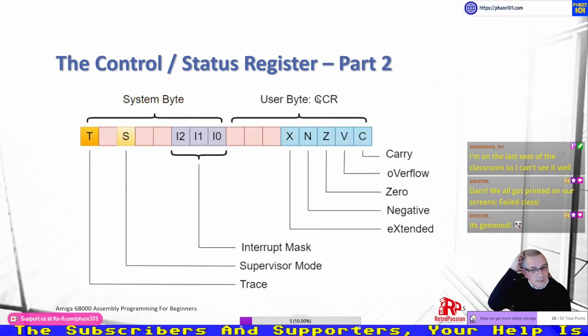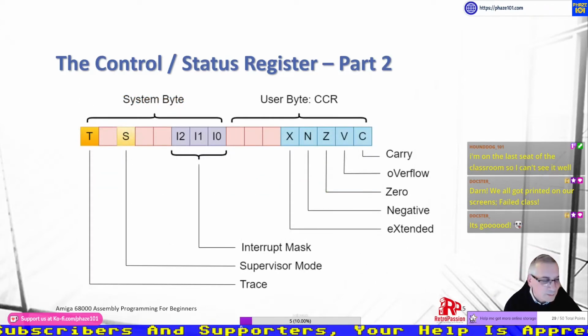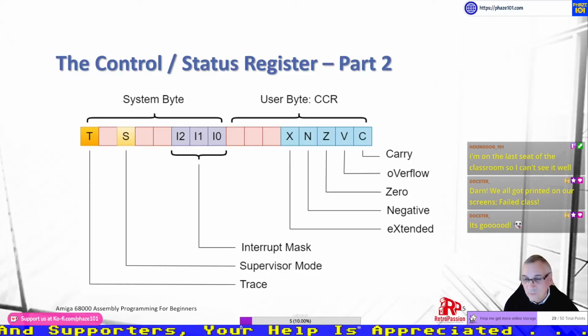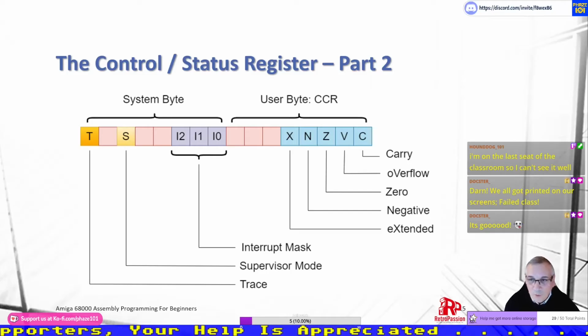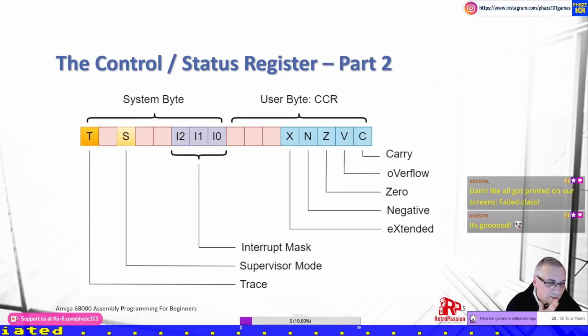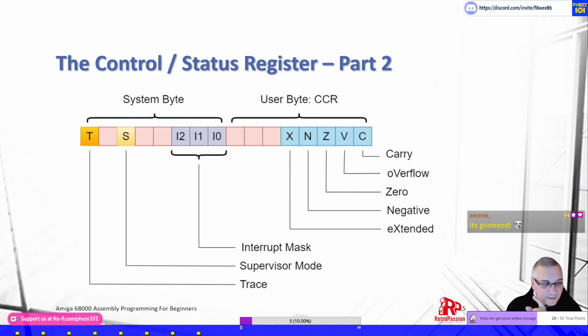And here is a better view than the chart that I had before from the handbook of the 68,000, where I'm showing the status register divided into system byte and conditional code register, or user byte, okay? And then you have the 5 flags, and notice there is one called X, which is called extended bit.